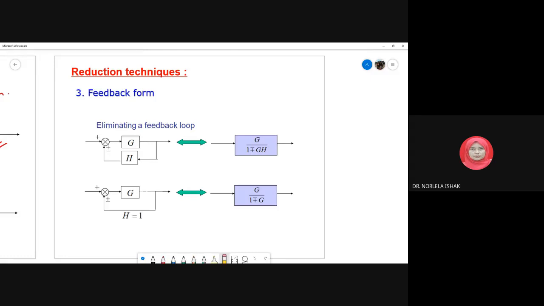Okay, let's say in the feedback, G is our forward path. We call G our forward path, this one.